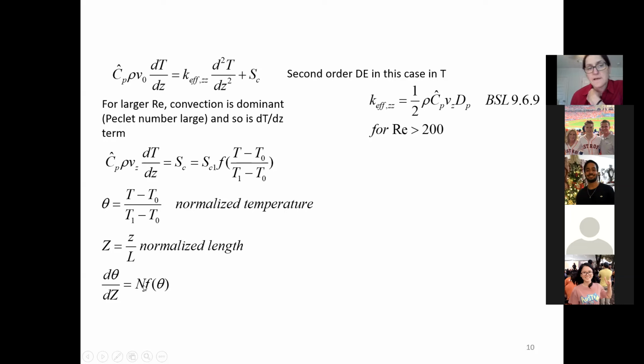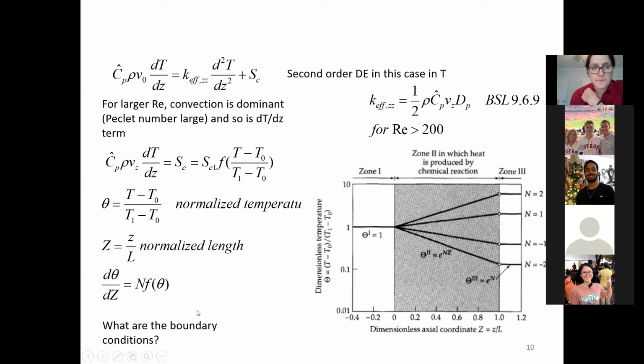And for simple functions f of this normalized temperature, recall that this is that expression for SC that is presumed known. It's typically fitted to data, right? So if you fit that and put the boundary conditions in, this is how example solutions look within this zone which produces heat. Okay, so that's just so that you have a rough visualization of how these solutions can look.